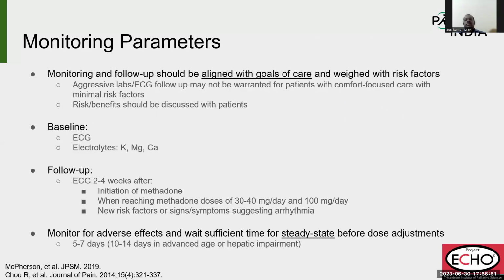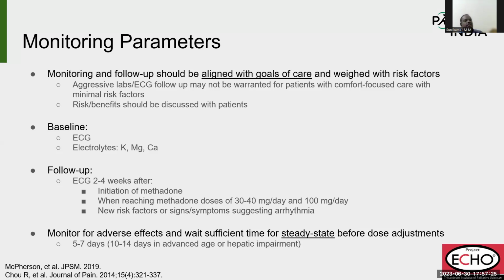Okay, and now how should we monitor the patient when the patient is on methadone? The most important thing is that if the patient is taking any curative treatment, then we should closely monitor the patient and aggressively investigate. But if the patient is taking only comfort care, then the need of investigation as well as monitoring would be less.